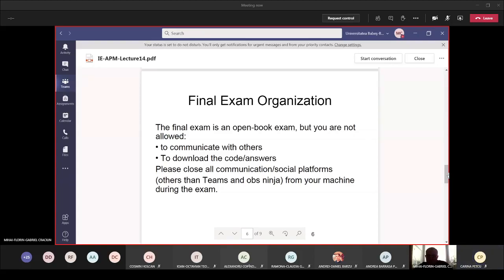Using those OBS Ninja services, we are going to monitor your activity while you solve the theoretical and practical subjects. Through Teams, you are going to communicate directly. So in Teams it's not necessary to open your camera. Okay, I understood.